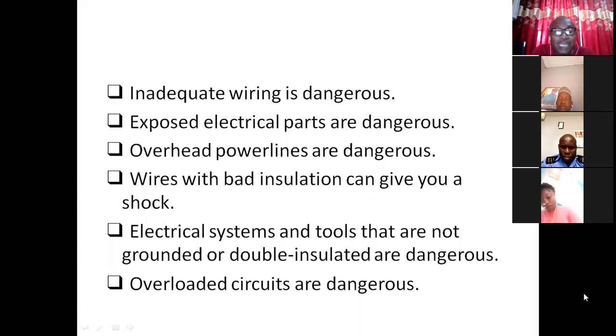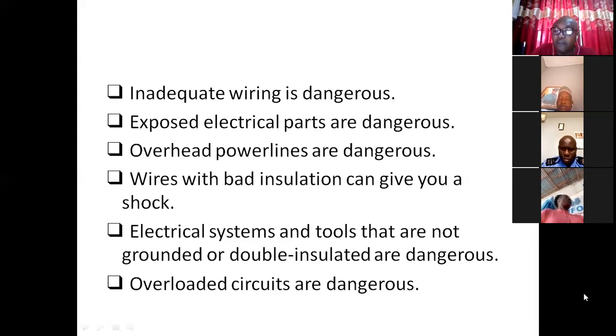Electrical systems and tools that are not grounded or double insulated are also dangerous. Some houses, people don't even do grounding again. They don't earth their house. They don't earth their work. And when you want to go there, the earthing will cause problems. And some people overload. Somebody will go and buy a 1,500 naira socket.